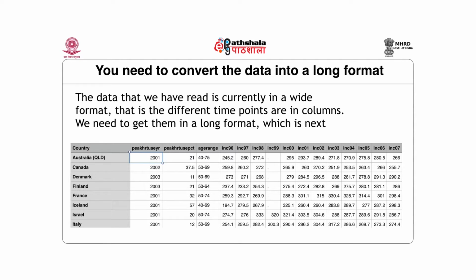In the next few columns, you see that the incidence rates of breast cancer in these countries were given, starting with the year 1996 and ending in 2007. We see that for the year 1999, there was not much data available. So we had to remove the column of 1999 incidence rates, and this is what we had done when we read the data by removing column number 8.